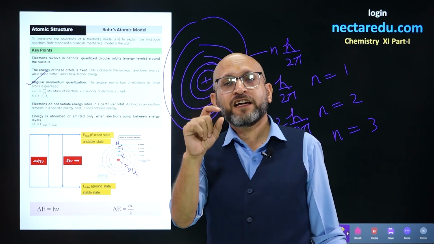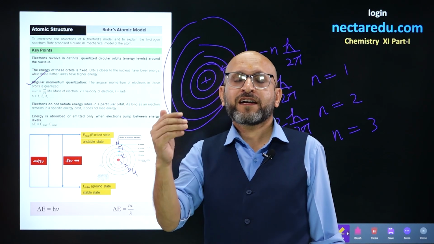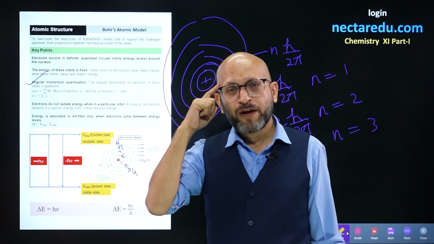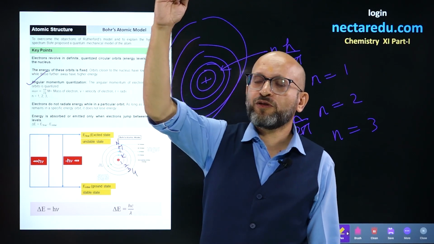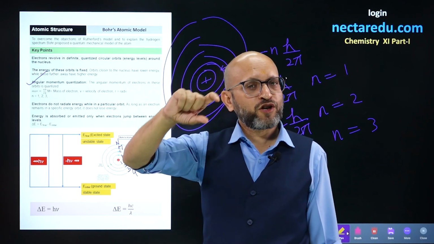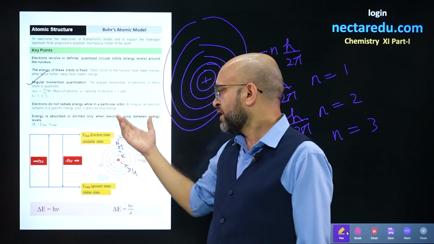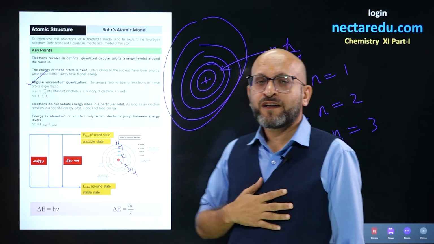Put delta E equals hc by lambda, and you will get the wavelength lambda absorbed or emitted. Just remember, when the electron is going to a higher orbit, it absorbs energy. When it is falling back, it emits energy. This is what the Bohr model explains. That's it.